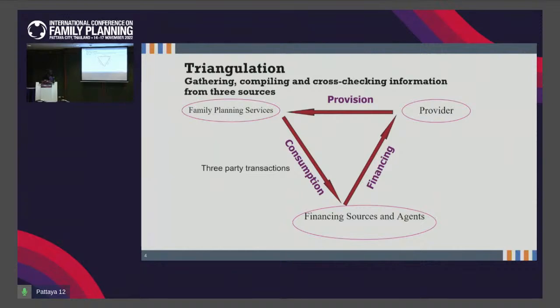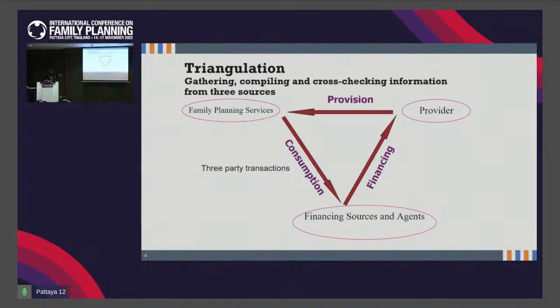Then under consumption, we also have two subcategories. We have beneficiary population. We can measure expenditure by beneficiary population, and we also measure that expenditure by the type of services which are provided. Currently, in FPSA, we do not capture expenditure by beneficiary population.